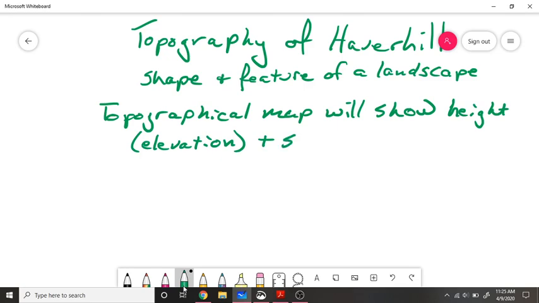And the steepness of a hillside. It does this by using contour lines.